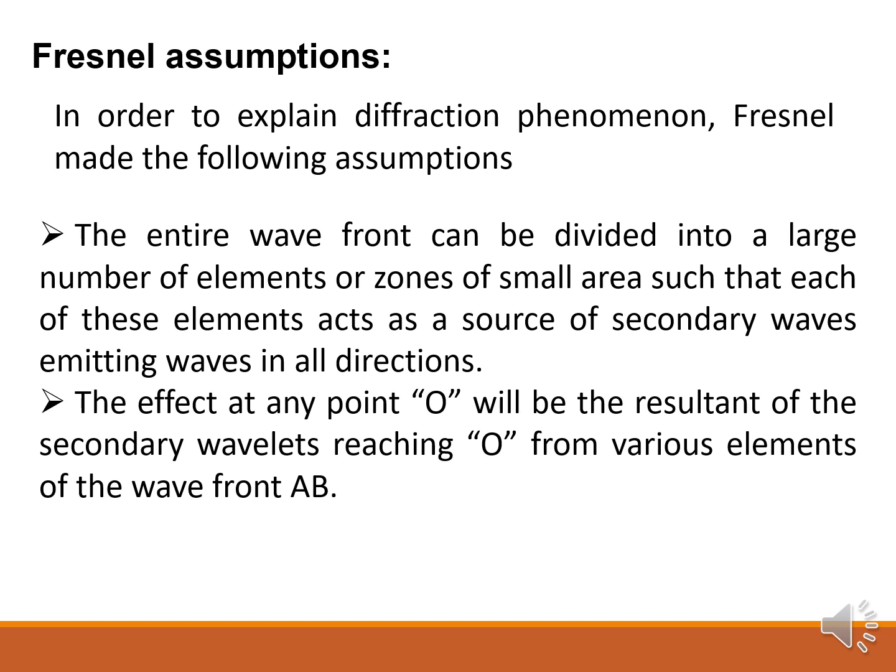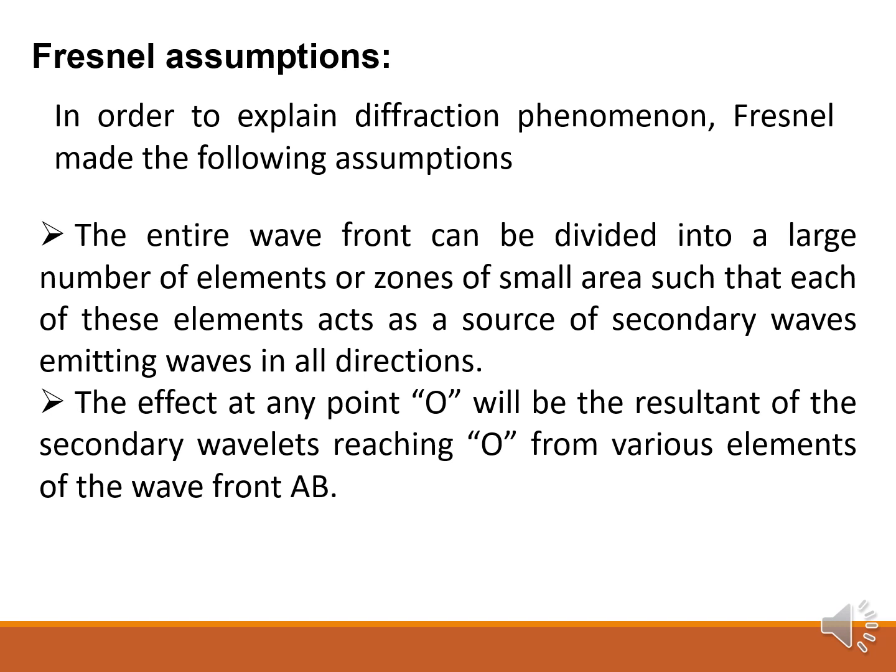Now Fresnel explained the diffraction using the following assumptions. Number one, the entire wavefront can be divided into a large number of elements, or he called them zones, Z-O-N-E-S, or small areas, such that each of these elements acts as a source of secondary waves, emitting waves in all directions.